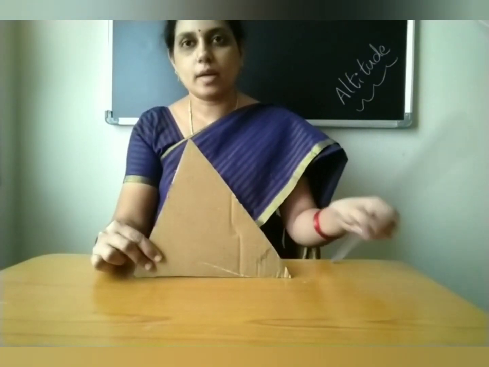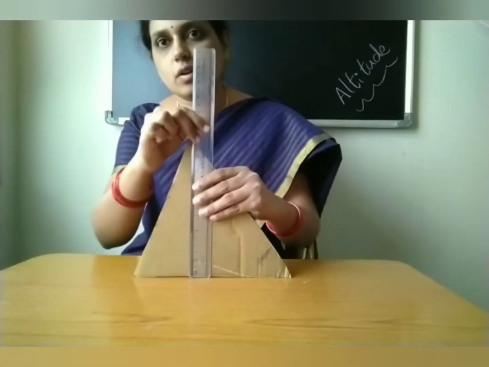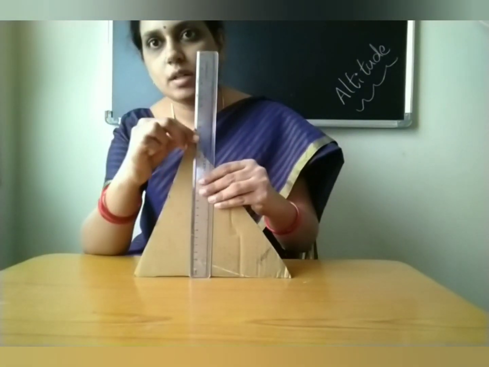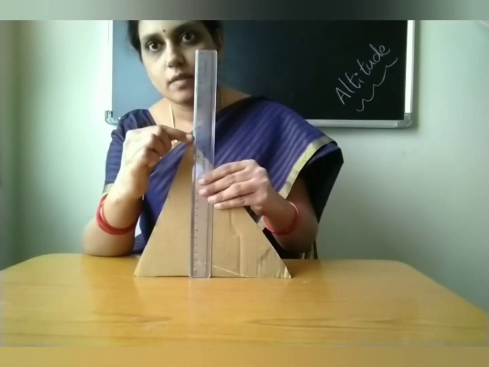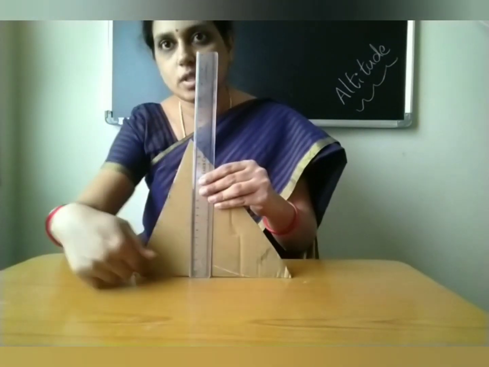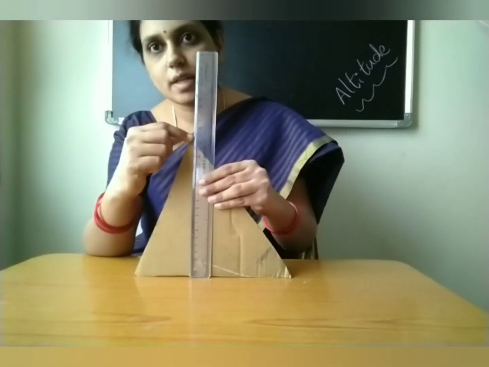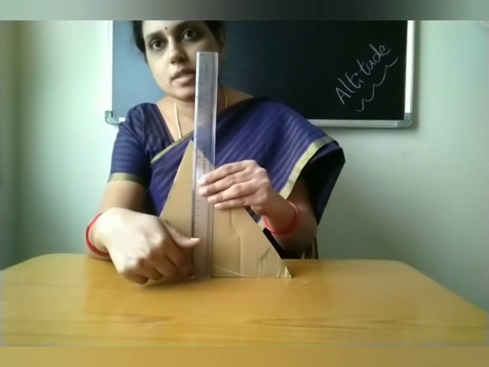Again the perpendicular drawn from the vertex to the base. Now the base is this one, it is changed. So what is the height?